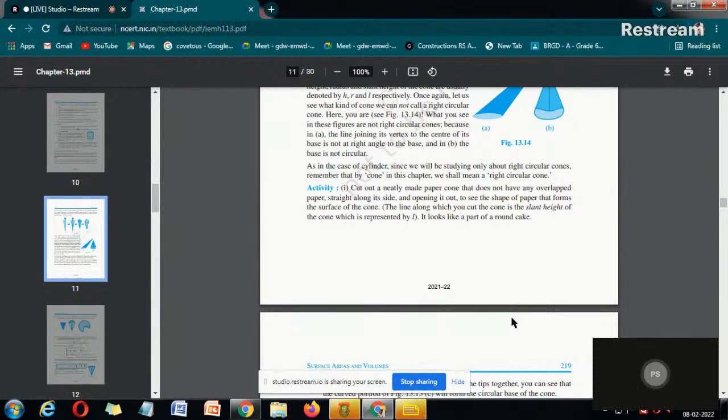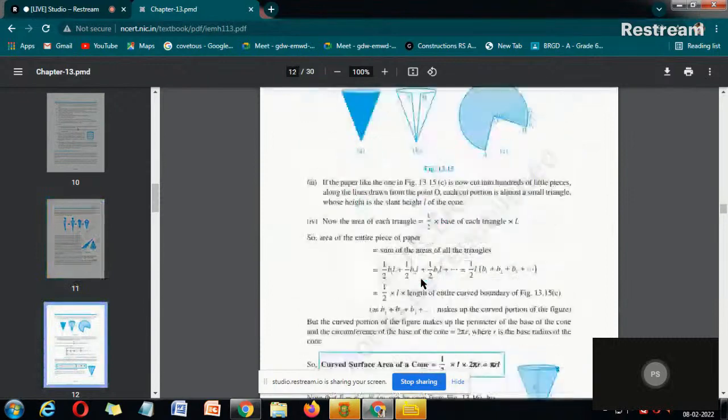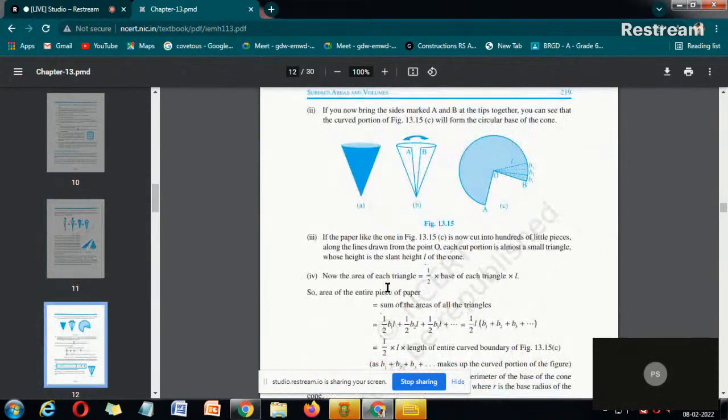If you now bring the sides marked A, B at the tips together, you can see that the curved portion will form the circular base of the cone, as in figure 13.5c. Now cut it into hundreds of little pieces along the lines drawn from point O. Each cut portion is almost a small triangle whose height is the slant height of the cone.